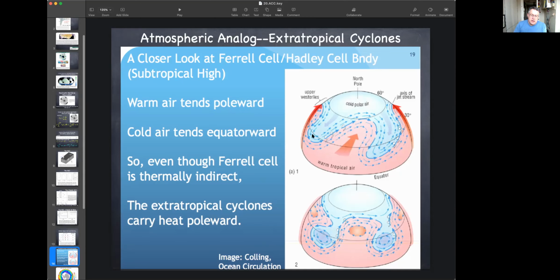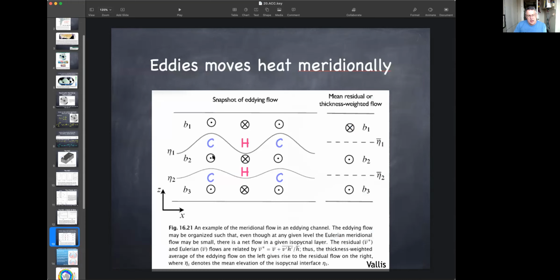And so even beyond the Hadley cell, you're still transporting heat poleward in the atmosphere through this kind of eddying process. So this is the same kind of game, except we're transporting heat through an eddying process in the ocean.